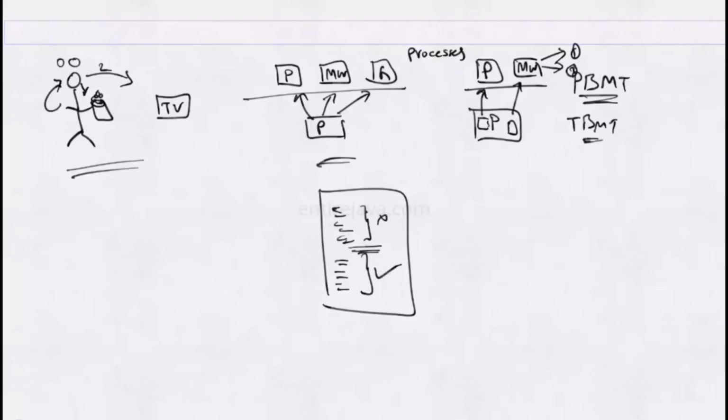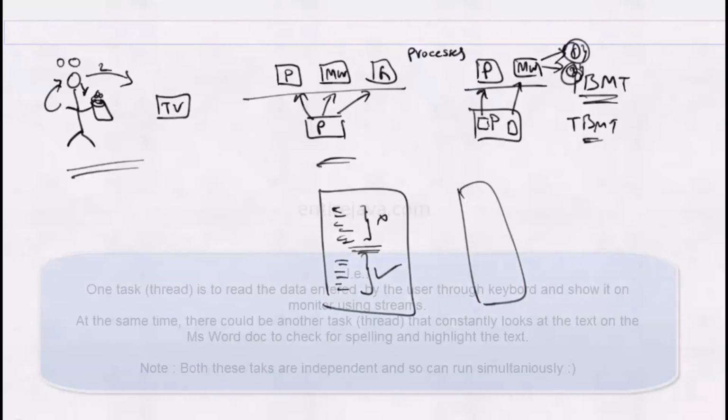So what we can do is separate both these sections and run them as two different processes or sub-processes. In our example, if you were to write the source code for Microsoft Word, then you'd have two sections of code that will do both these tasks simultaneously.